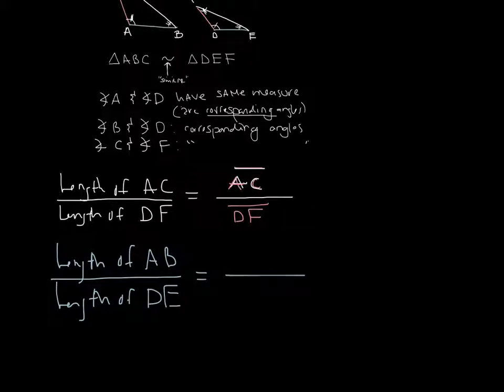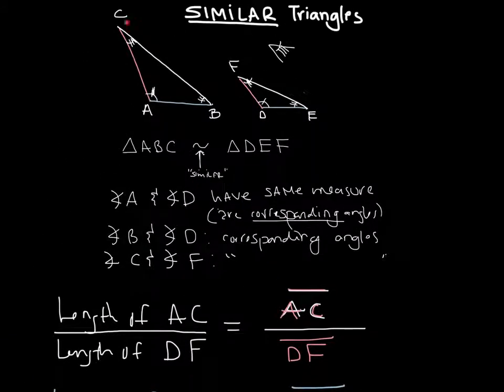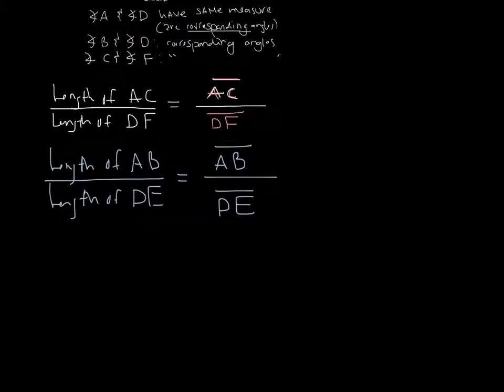So the length of AB corresponds to the length of DE. And then finally, in white, CB, or BC, CB and FE. I'll let you guys write that in if you'd like.